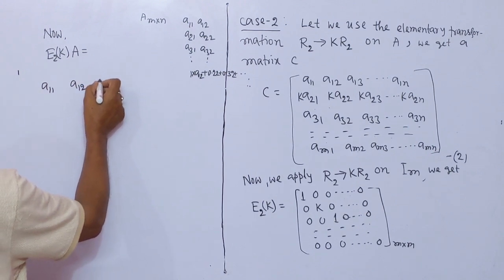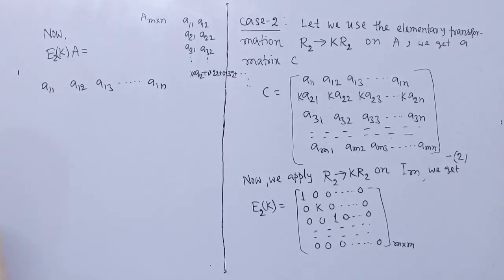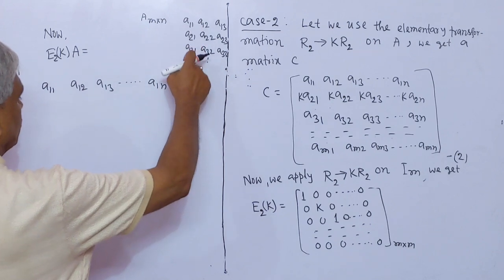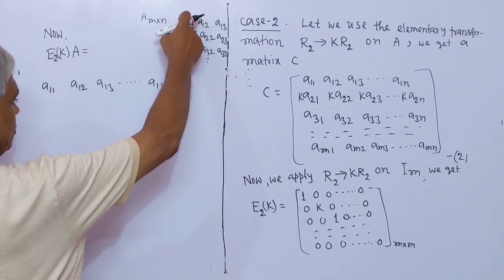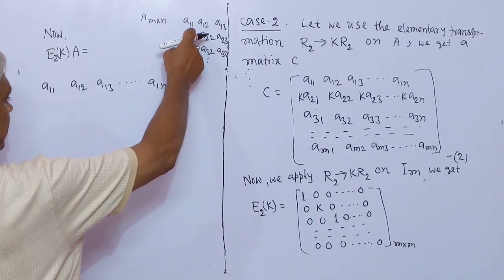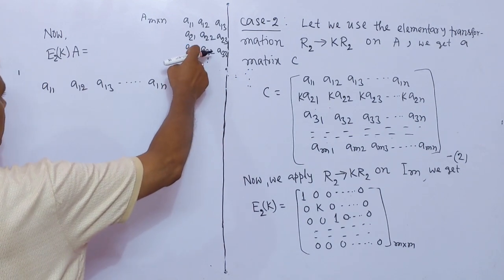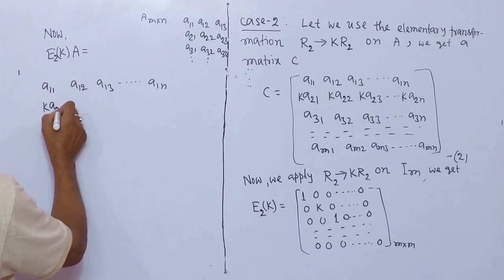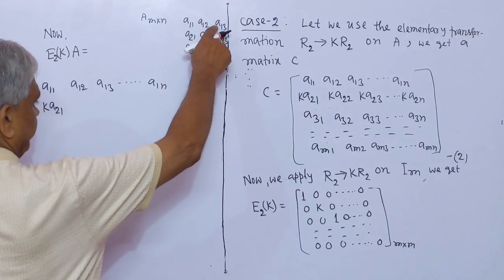Similarly, A13 dot dot dot dot A1n. Now we multiply second row, first column. 0 multiply A11, 0. K multiply A21, K A21 plus 0 multiply A31, 0. So K A21.